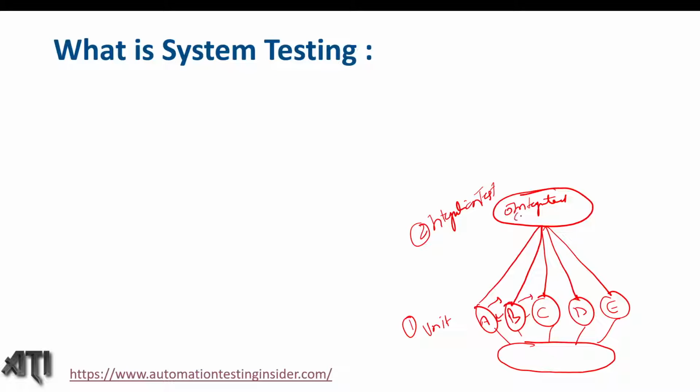We have different modules which are integrated, and the main purpose of integration testing is to check the data flow from one module to another. We check the interfaces between the modules. That is integration level or integration testing. Now the third level is system test, and we perform it on the integrated system.